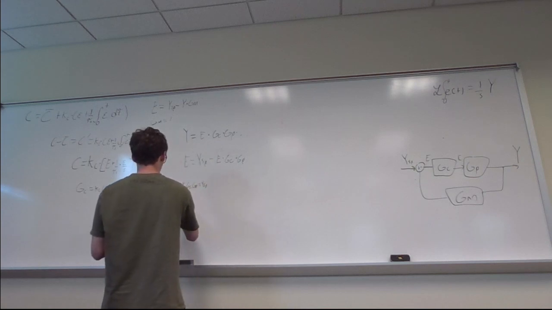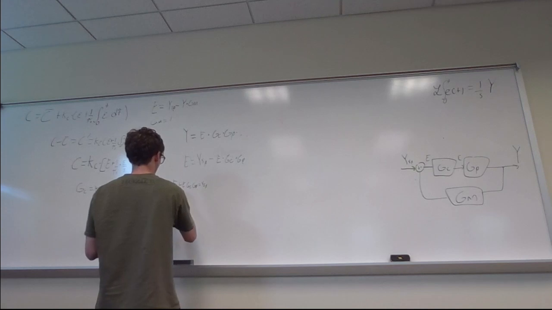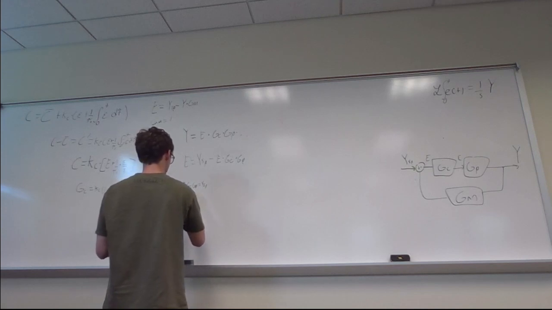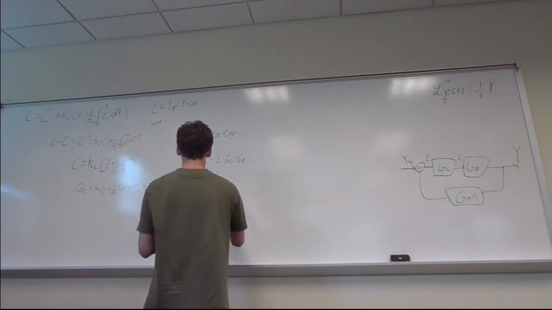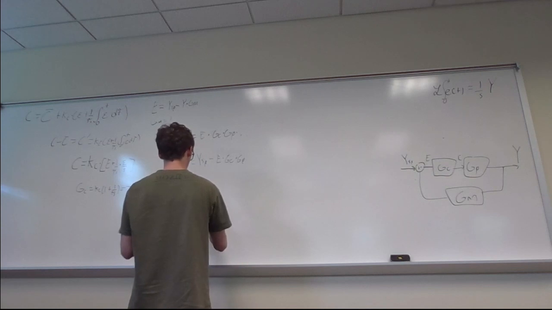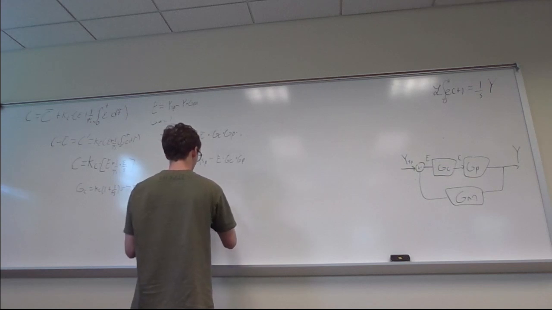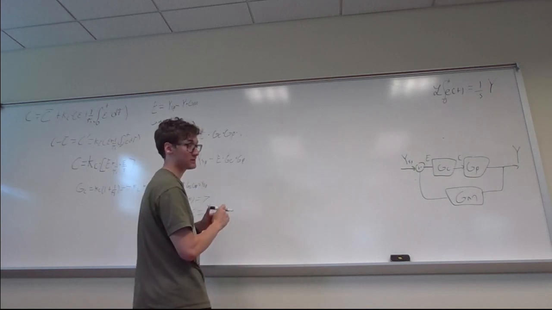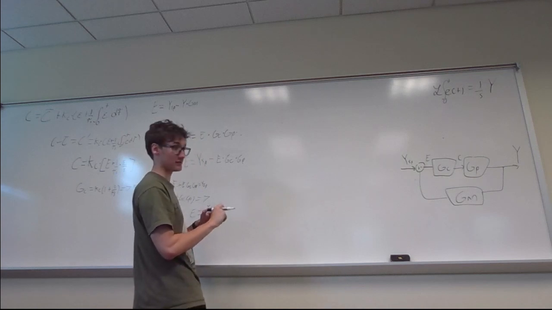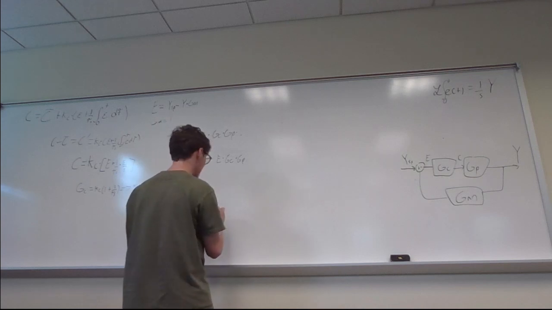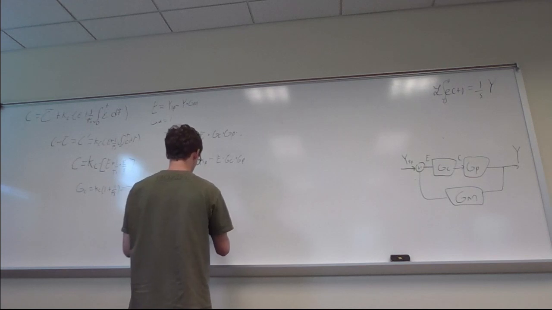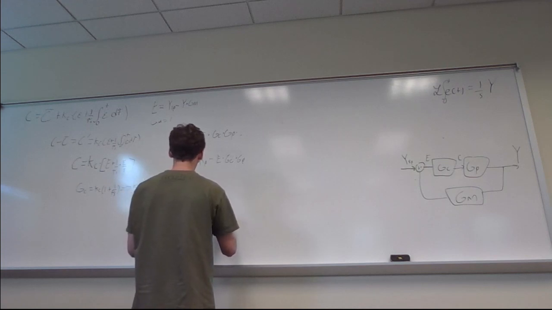Factor out E, 1 plus GC GP, and we end up getting E equals Y set point. If my Y's start to become lowercase, it's because it's easier to write. This still means everything's in Laplace transform mode. I'm just lazy. 1 plus GC GP.